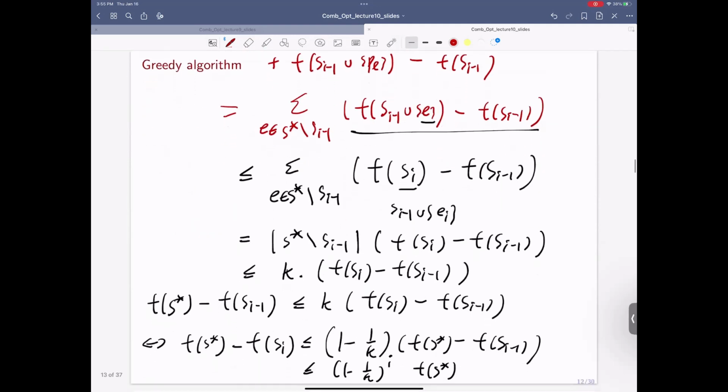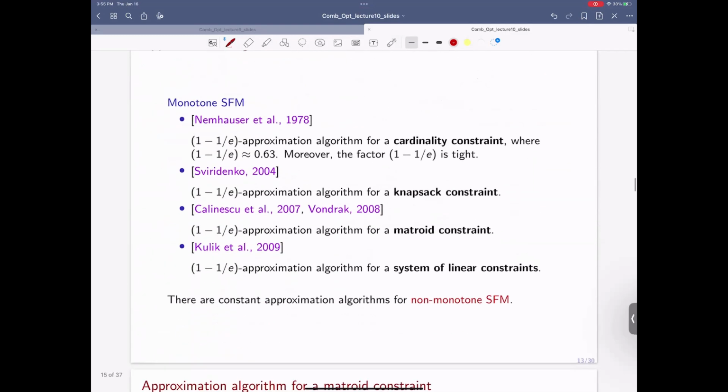All right, great. So for the case of monotone submodular function maximization, we saw this 1 minus 1 over e approximation. Even for a knapsack constraint setting, you can extend this greedy algorithm to capture heterogeneous weights, and that gives you a 1 minus 1 over e approximation.